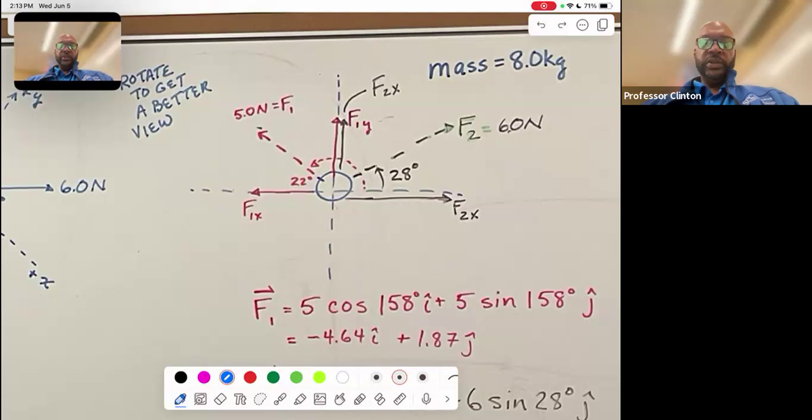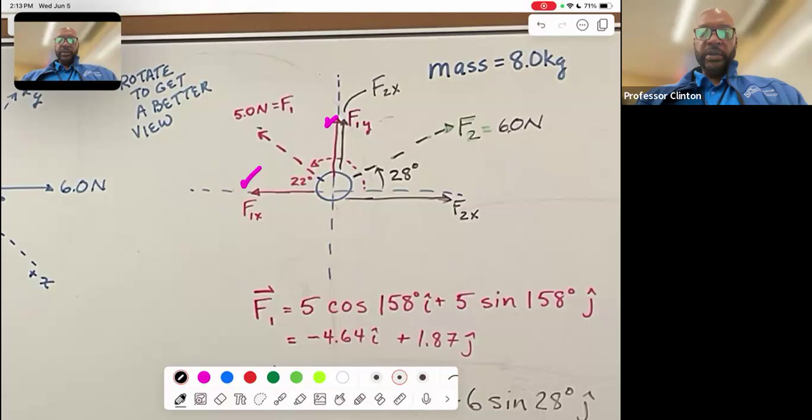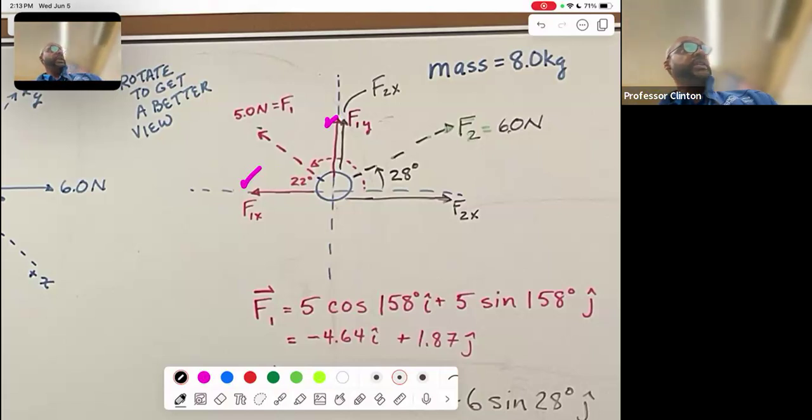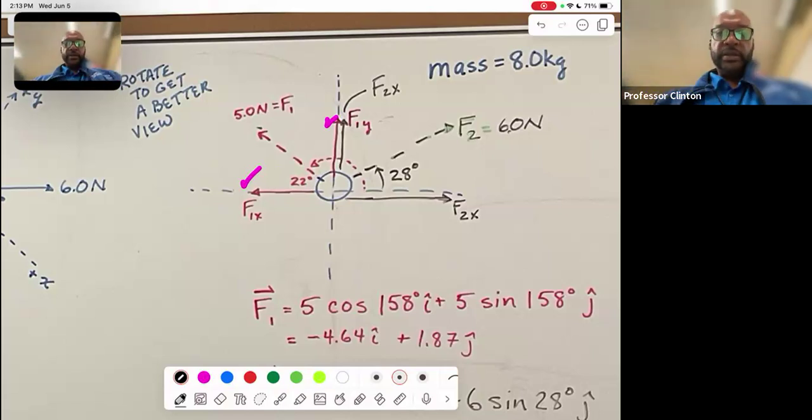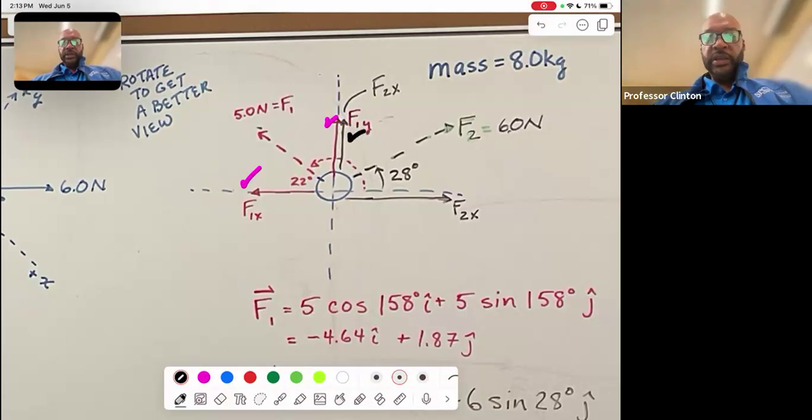And so I resolved them, F1 here and here. You can see them in red. And I resolved F2. I think I did that in a black color. So it's here and here. So those are the four vectors that you're going to need to calculate.